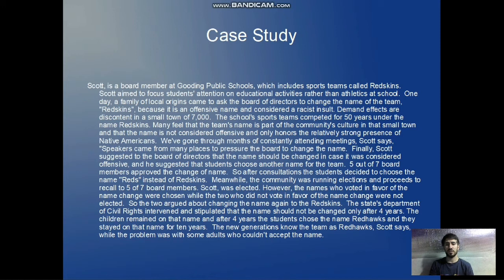Five out of seven board members approved changing the name, and at the same time there was an election happening in the town. The five who voted to change the name, and Scott was one of them, were elected, while the other two were not elected.